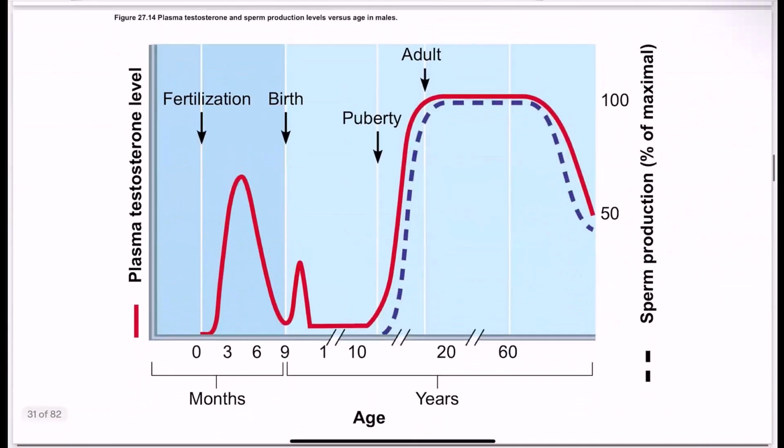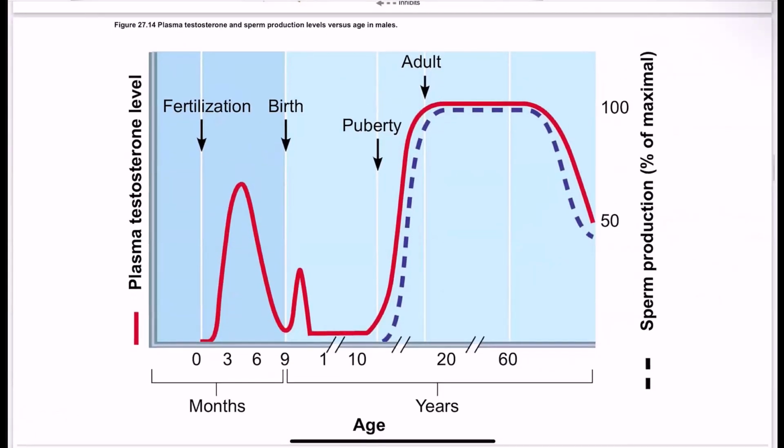This slide is showing you the ebb and flow of testosterone throughout life. Shortly after birth, there are some spikes in testosterone production, but we go back down to basal levels until that major shift, which is at puberty.